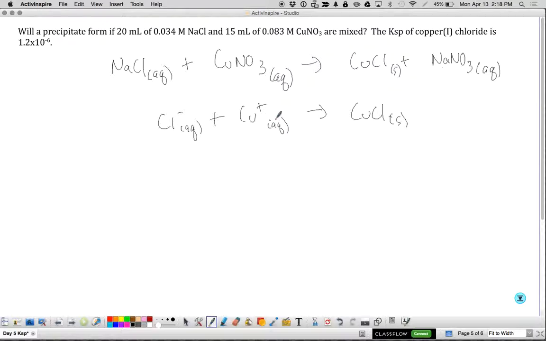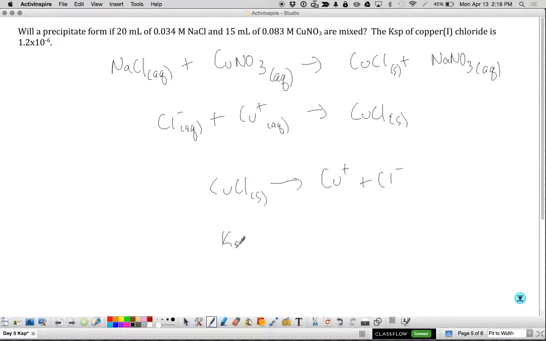and I'm making this. Now, this looks like the reverse of a dissociation reaction, right? So CuCl solid makes Cu plus and Cl minus, right?